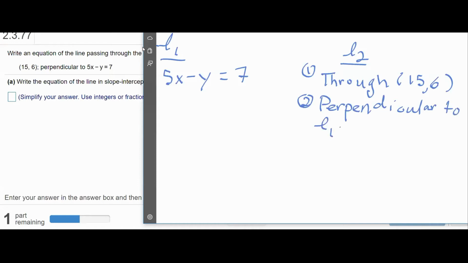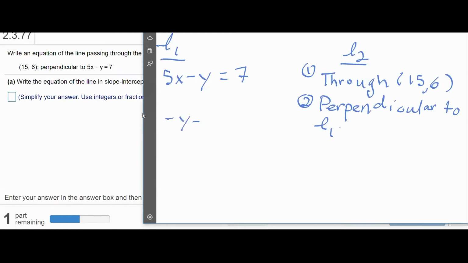Most of the examples so far, we've had to know, besides a point that it goes through, the slope of the line. Well, that slope of the second line, since it's perpendicular to the first, is going to be related. Not the same as the slope of the first, but related because it's perpendicular.